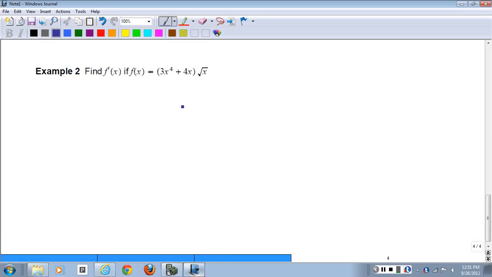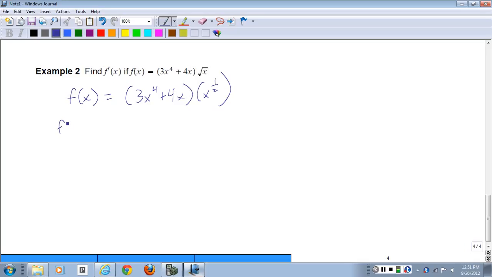So it's going to be f of x equals 3x to the fourth plus 4x times x to the 1/2. Honestly, if you distribute that x to the 1/2 across the parentheses, you will be done within a minute. It's going to take me maybe 5 minutes to finish this using the product rule. But let's see how it works out.